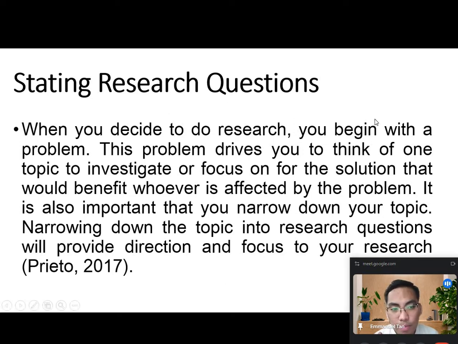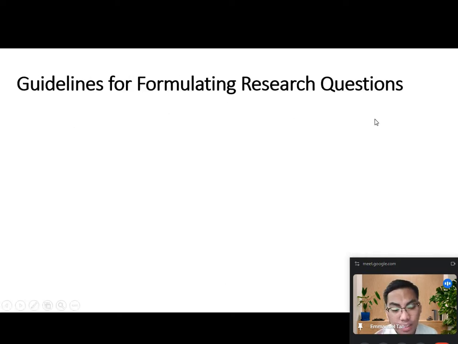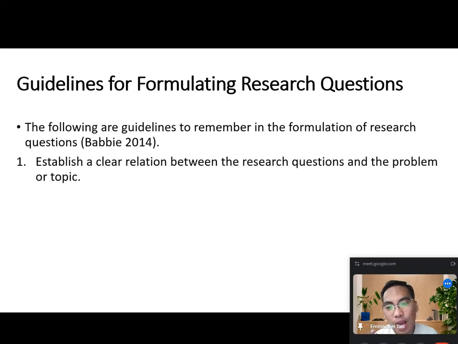Now, these are the guidelines for formulating a research question. According to Bobby 2014, which I also shared to my class as well, you have to establish a clear relation between the research question and your topic and your problem.